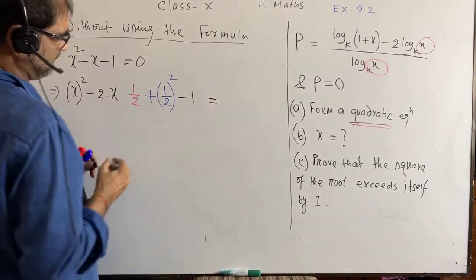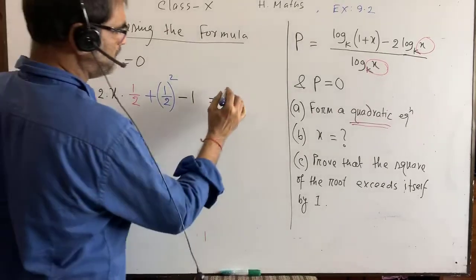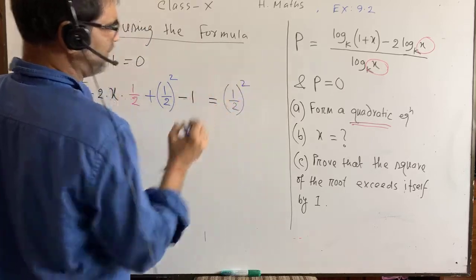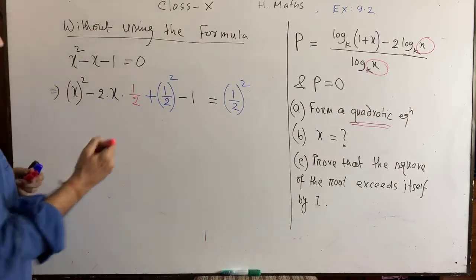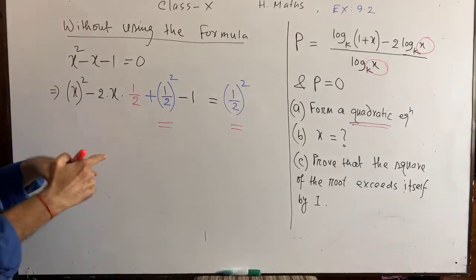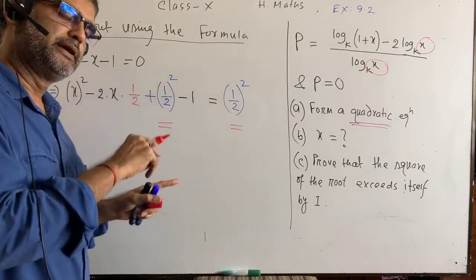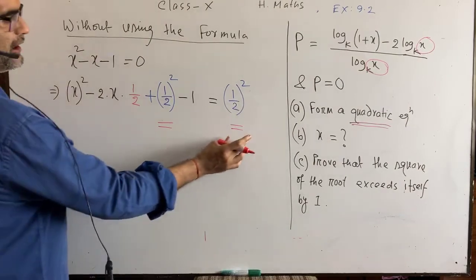But this half whole square is not given in the left hand side, so it is to be written in the right hand side. You see what is happening here. This half whole square has been added to both the sides.